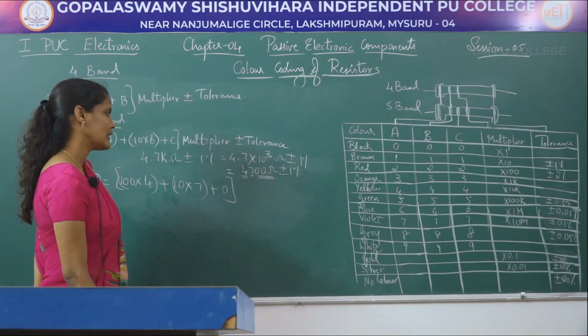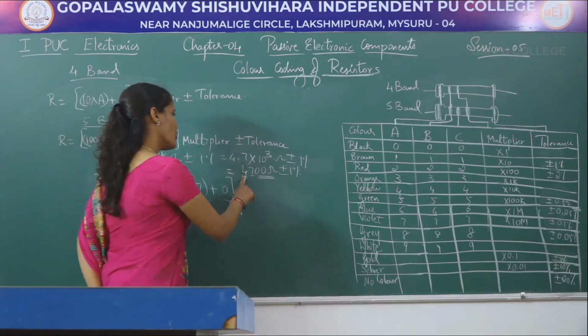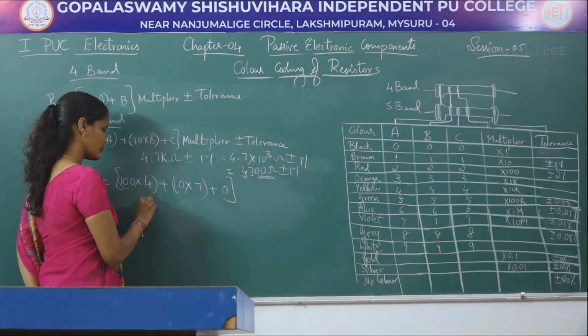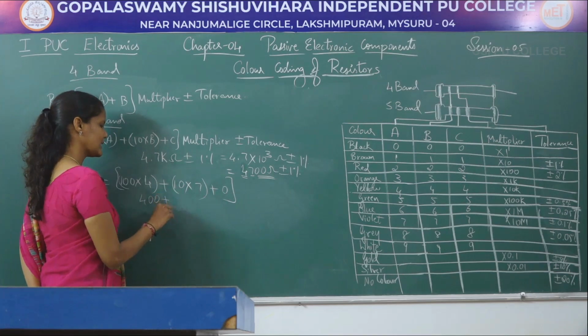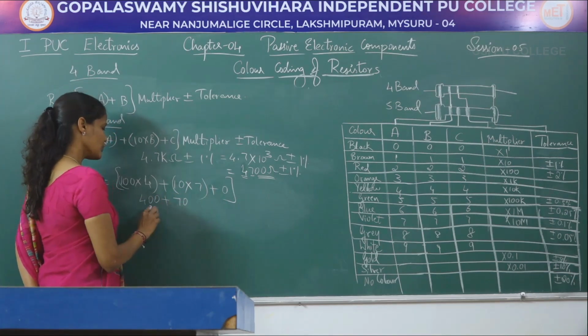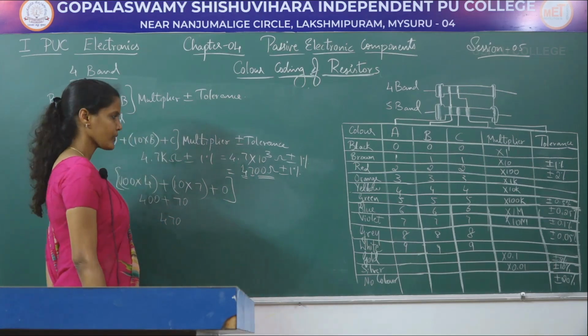And for the multiplier, here 4, 7, I am having 100 into 4 gives me 400 plus 10 into 7 gives me 70. So 400 plus 70 gives me 470.